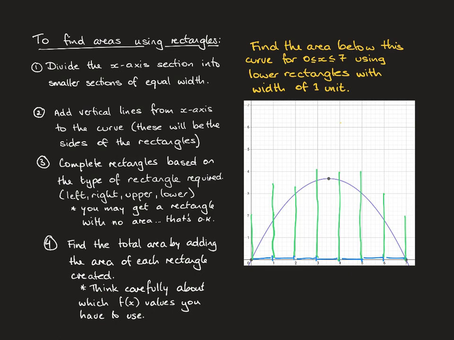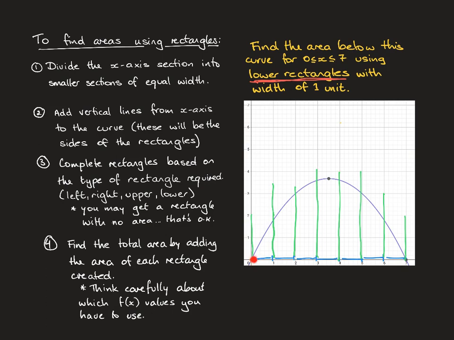So now I'm going to do step 3. I'm going to complete the rectangles based on the type of rectangle that I've been told to use. And in my question, I'm told to use lower rectangles. So I'm going to have a look at the first section where a rectangle is going to be, and I'm going to take the lowest point on either the left hand side or the right hand side. So I have 2 points to choose from.